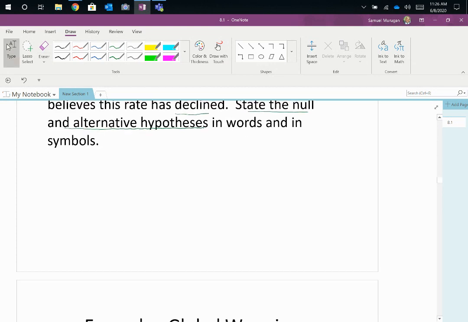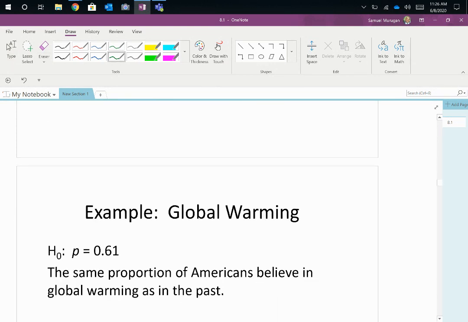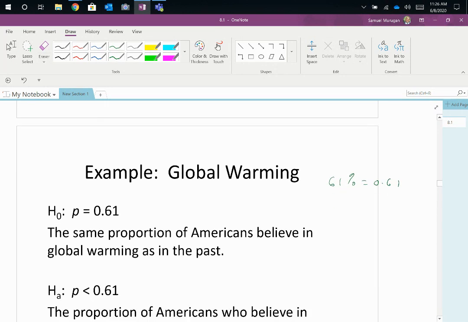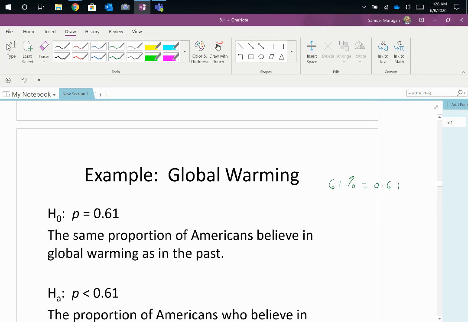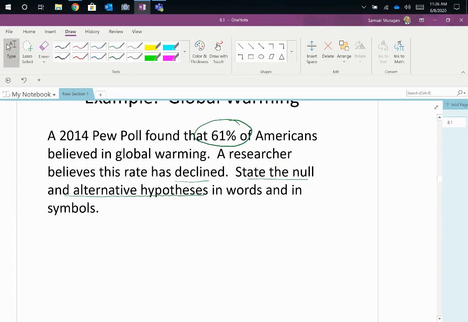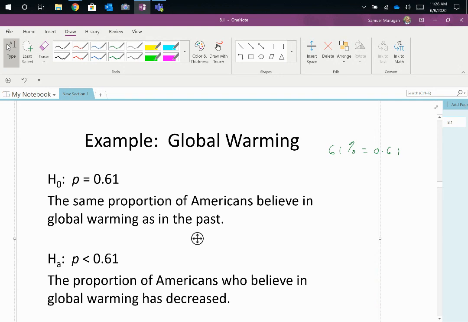Now, the null hypothesis, H subscript 0, says that p is equal to 0.61, which is 61% as a decimal. The same proportion of Americans believe in global warming as in the past, as currently.